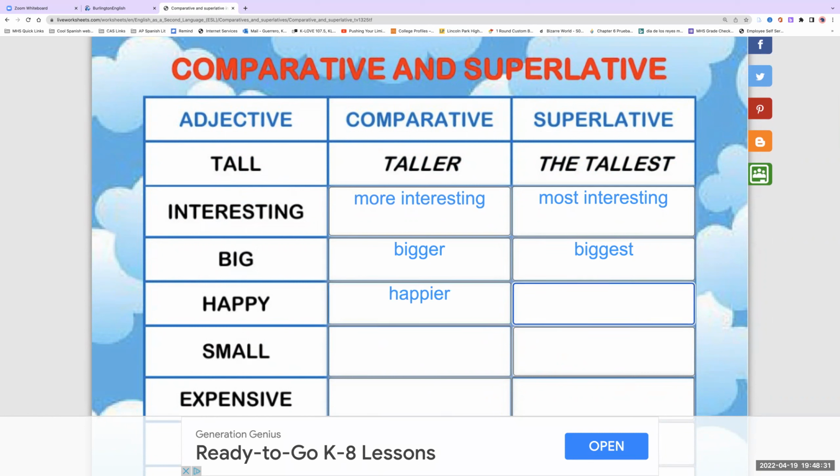And then superlative, we put happiest. For small, we put for comparative smaller. For the superlative, we put smallest. For the word expensive, we put more expensive. And then for the superlative, the most expensive.